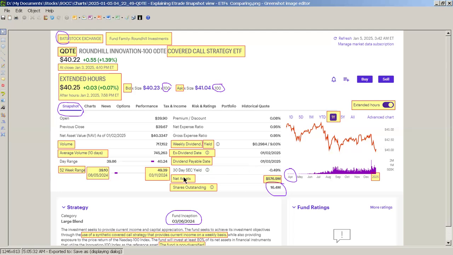And on here it doesn't say how much it's worth, but basically on the ETF, the net assets are probably going to be the same thing. The number of outstanding shares times the price will give you the net assets. The other one was the float, the outstanding shares times the price, which gives you what the company's worth.